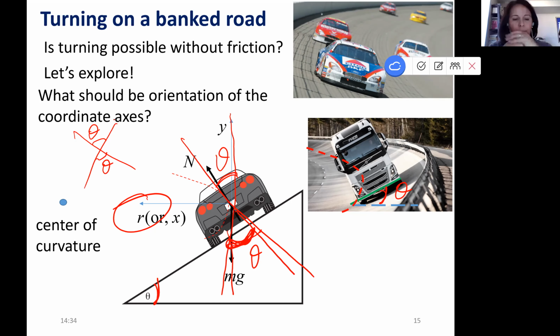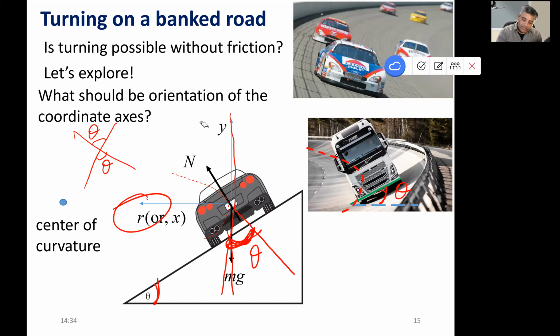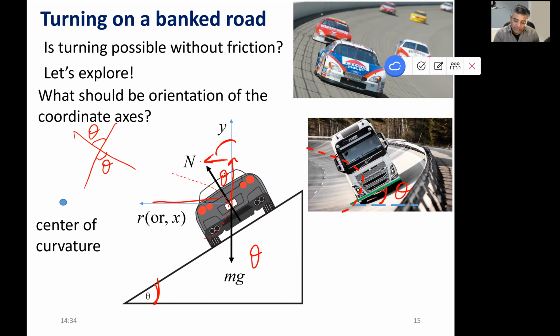Cosine, sine. So we know this angle now, and this is n. If we go this way and that way, the force acting towards the center is going to be the opposite or adjacent?